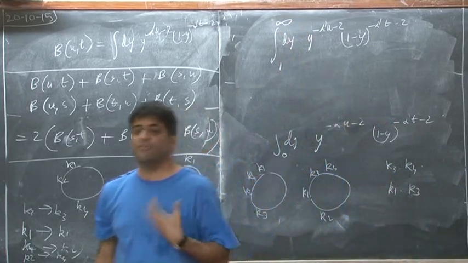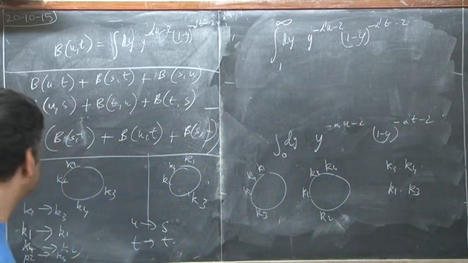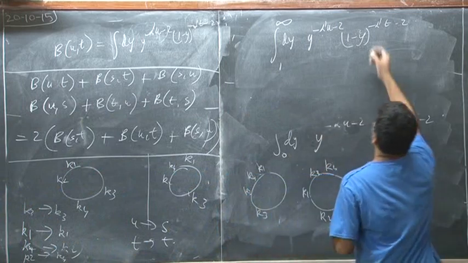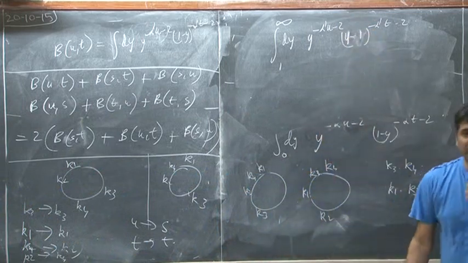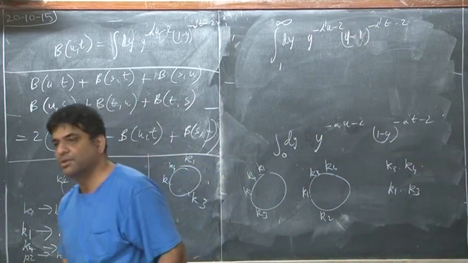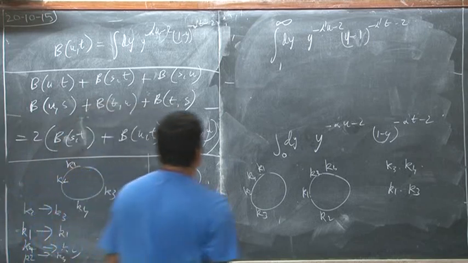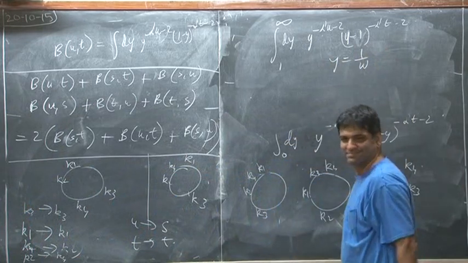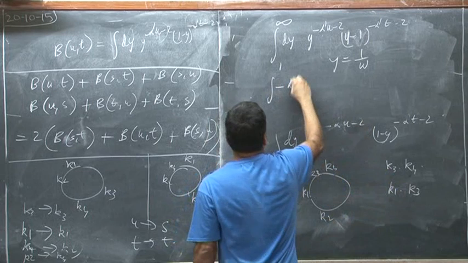Right, y minus 1. Thank you. I want to convert this to an integral between 0 and 1. There's an obvious way to do it. Make the variable change y goes to 1 over y. So let's say that y is equal to 1 over w.